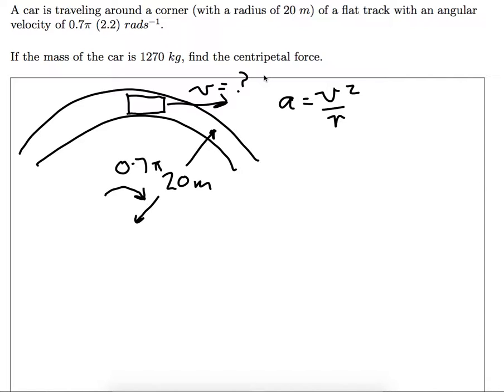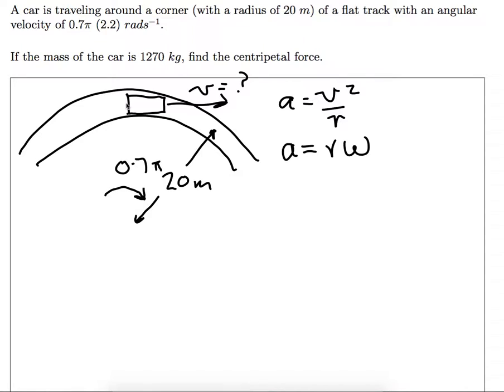But in this case, we also have another formula in terms of radial velocity, which we might as well use, since we have a radial velocity, which is A equals r omega, where omega is the velocity in radians per second rather than in meters per second. So instead of A equals v squared over r, A equals r omega is the actual centripetal acceleration.